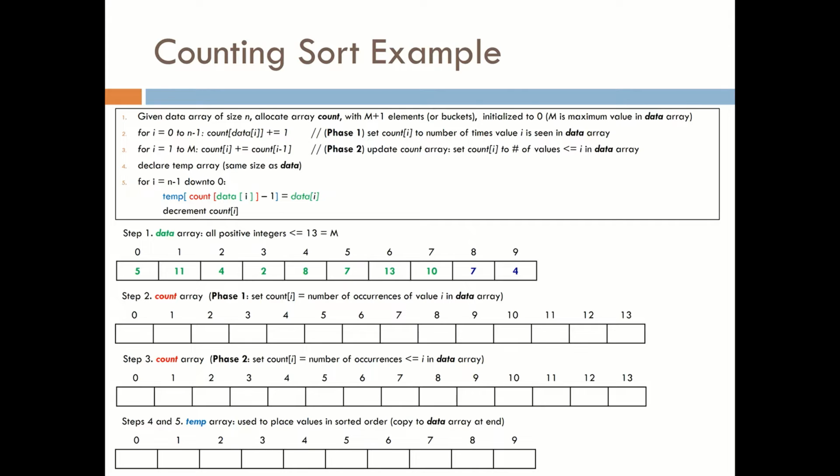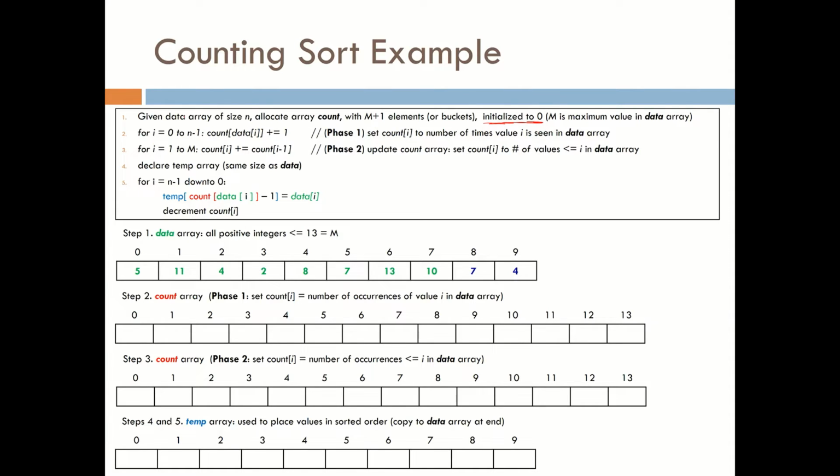Let's walk through an example of counting sort. So I've placed the pseudocode up there and have numbered the steps. The one thing that I have not done with the count array is to initialize everything to 0 so that I don't have to do as much erasing. But let's just begin.